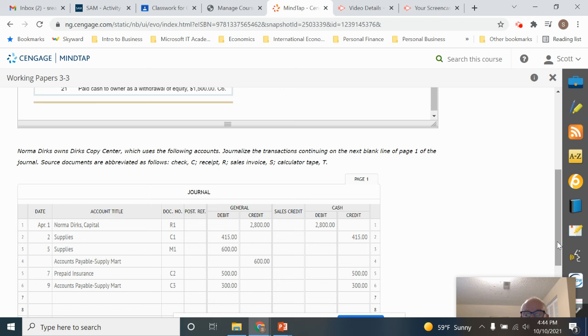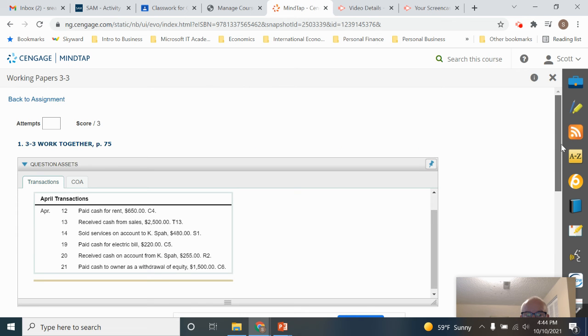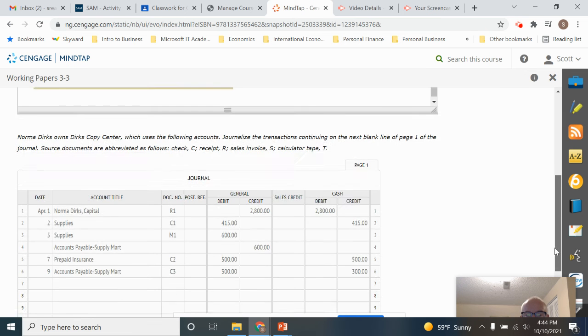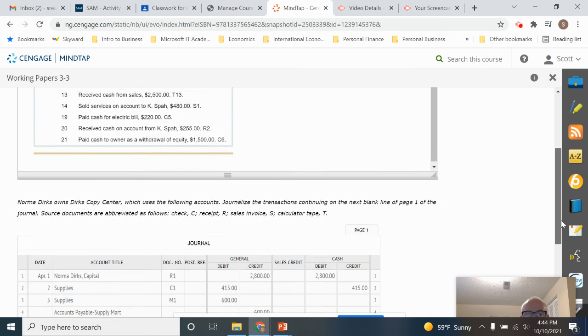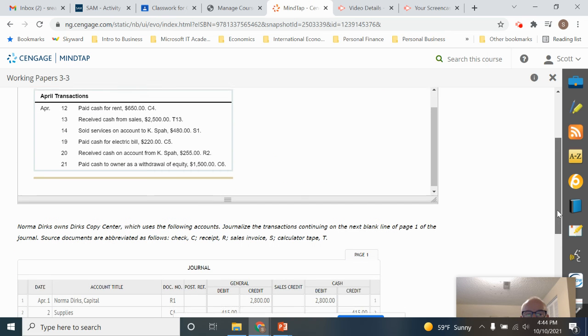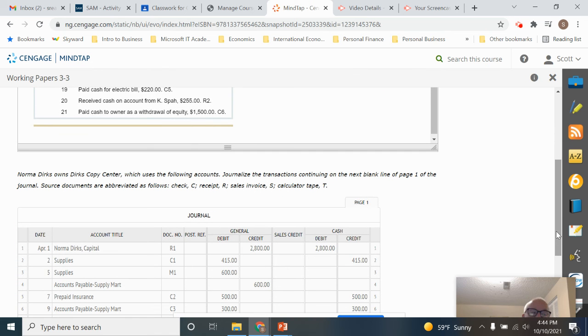I can. Okay. Those are all the previous transactions that we made in our work together area from our previous chapter 3.2. Now we're going to journalize these 6 transactions. Again, when we say journalize, we are putting them into a multi-column journal.